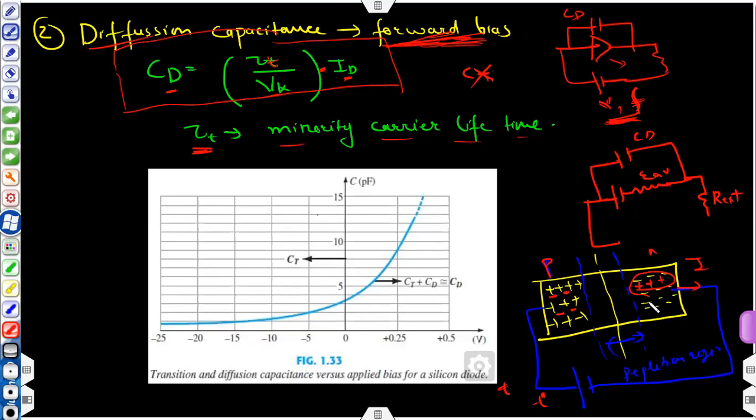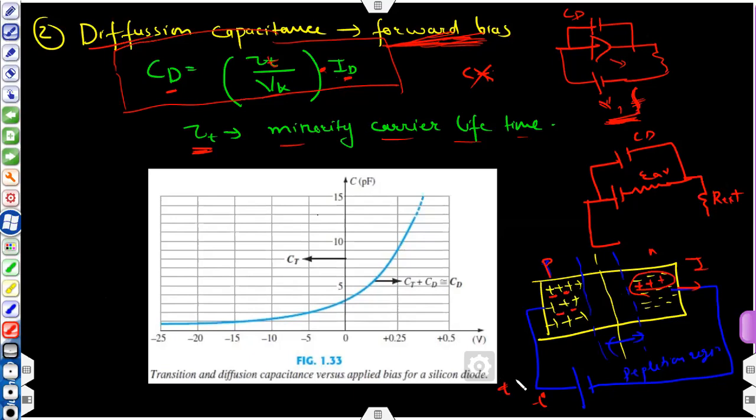Opposite charges attract each other, so these holes will be attracted by some electrons. Actually, these holes will form a bond. Similarly, this free electron will be attracted by some holes. After losing all of its kinetic energy, it will be in the bonded form.